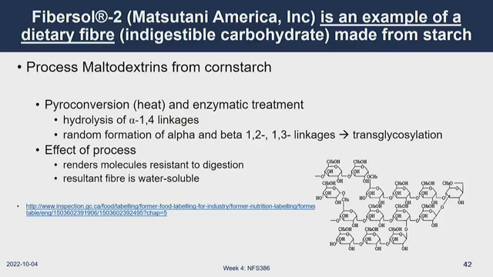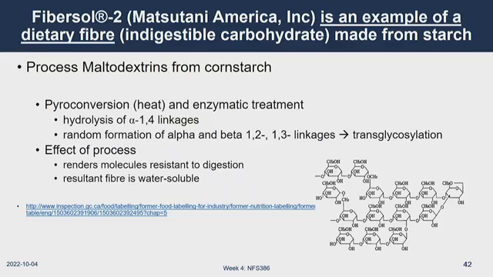So how are they made? They are made from starch, so the maltodextrins are processed. These maltodextrins coming from the starch are processed by pyroconversion, so heating at higher temperature, and enzymatic treatment.